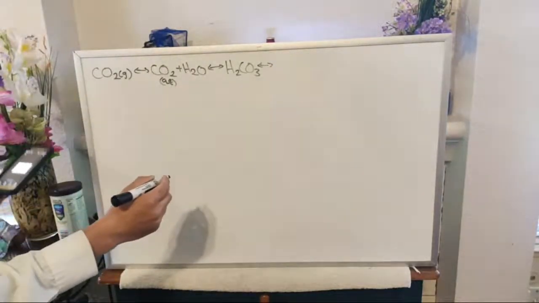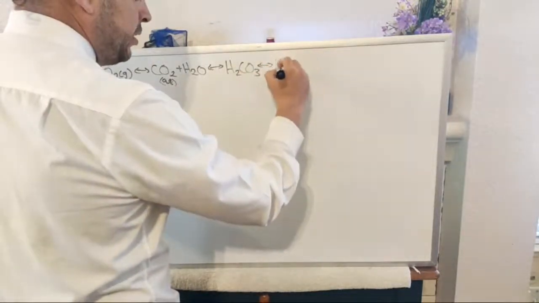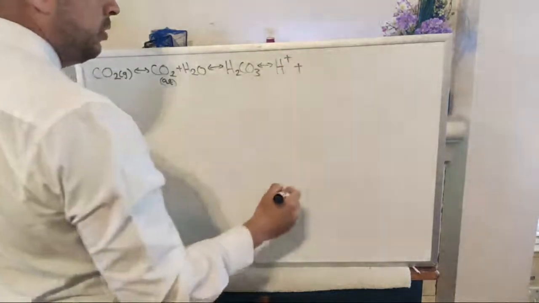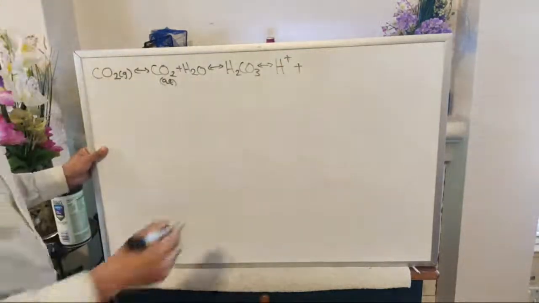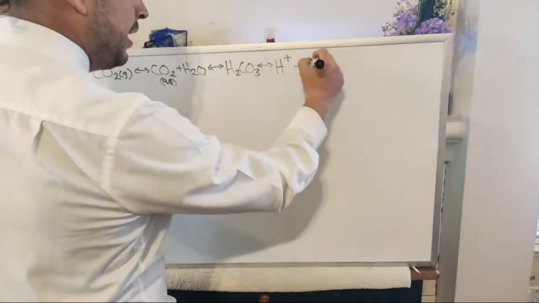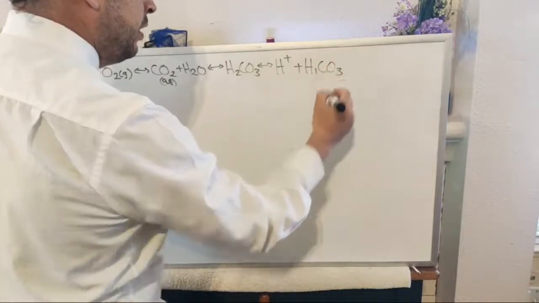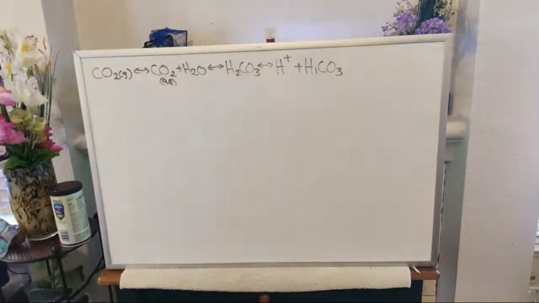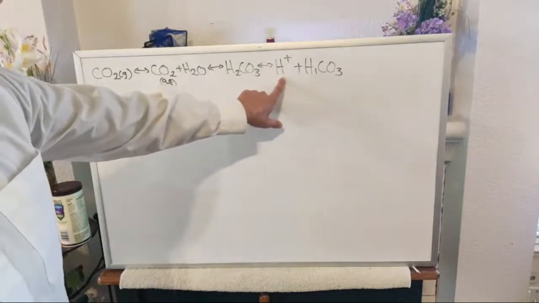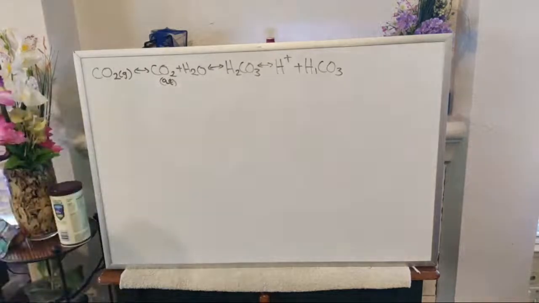And then it releases a hydrogen in the water, so we're gonna call it H plus. Anyways, you're gonna get HCO3, right? So all it did was break one of the hydrogens off, and then it was left with the one right here. All right, so that's all it did.